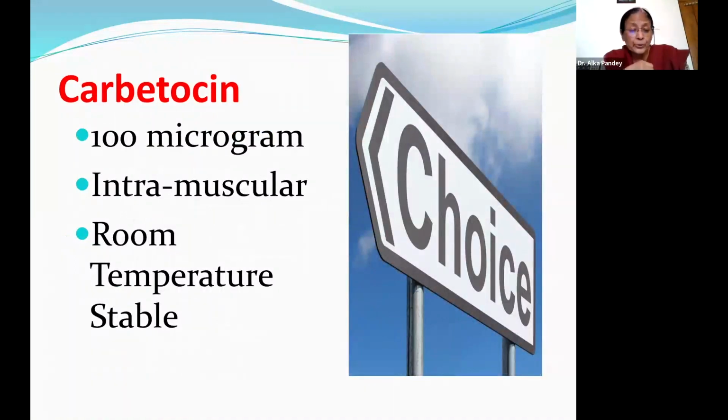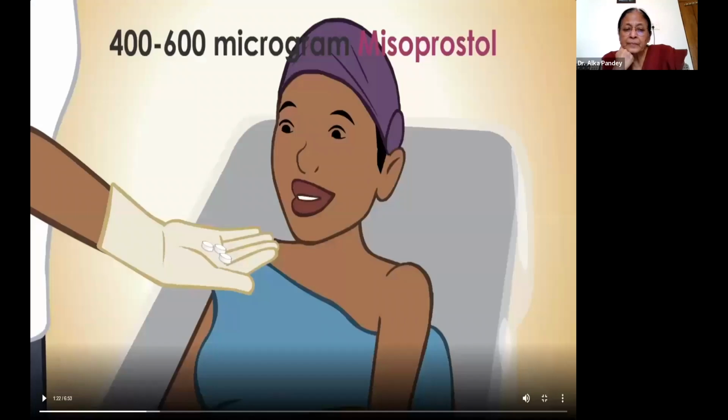Next comes carbetocin. This is heat stable. You can give 100 microgram intramuscular or IV. It is stable at room temperature. Next. Next slide, please. You can also use oral misoprostol.